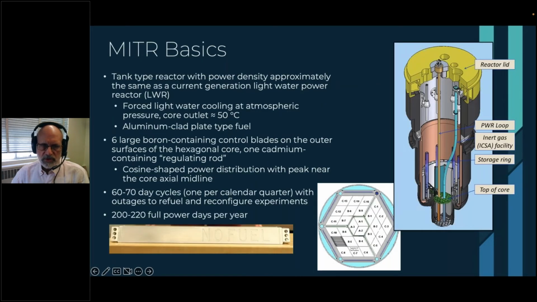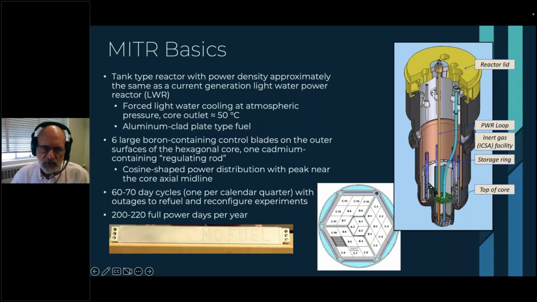Okay, so here's the basics of our reactor. We are a tank type reactor, and our power density is about the same as a current generation light water power reactor, PWR, BWR. We have forced light water cooling, but we're not pressurized.